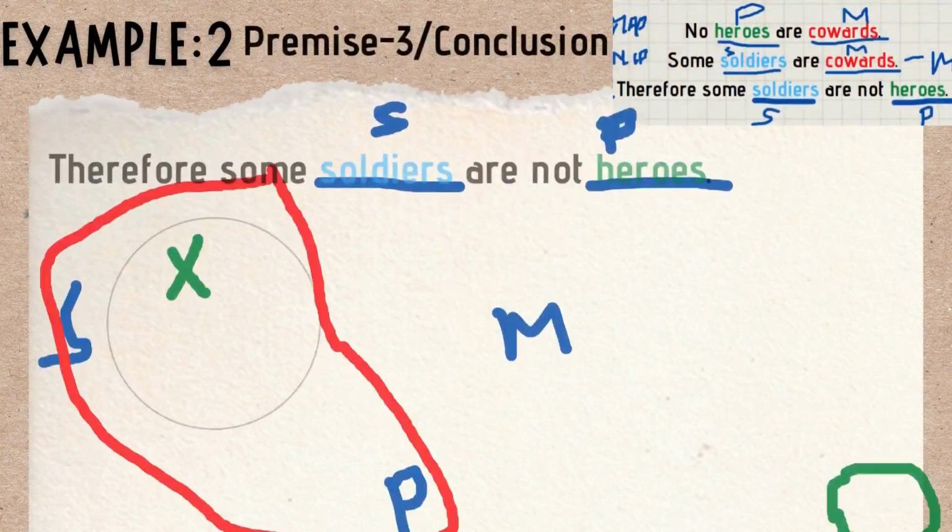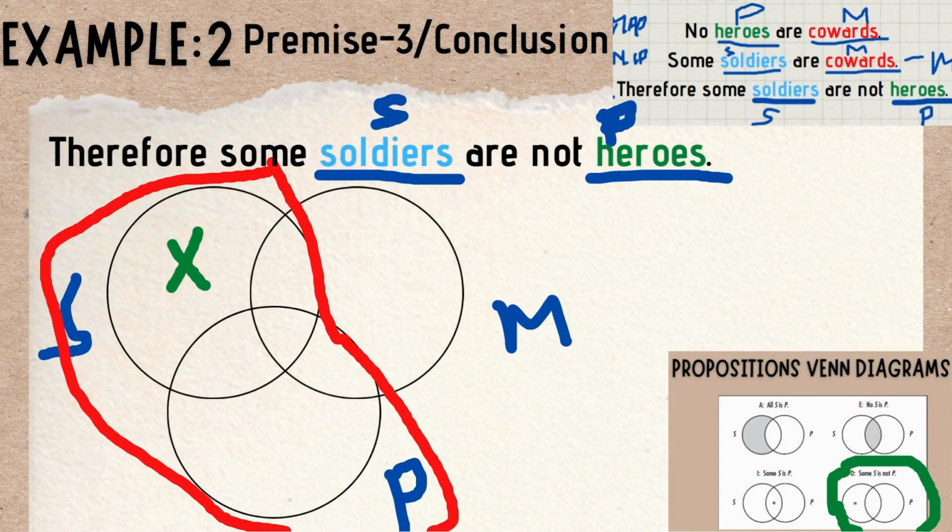Now the conclusion: some soldiers are not heroes. So it is some S is not P. If we compare it with the proposition Venn diagram, we will be marking in the S region.